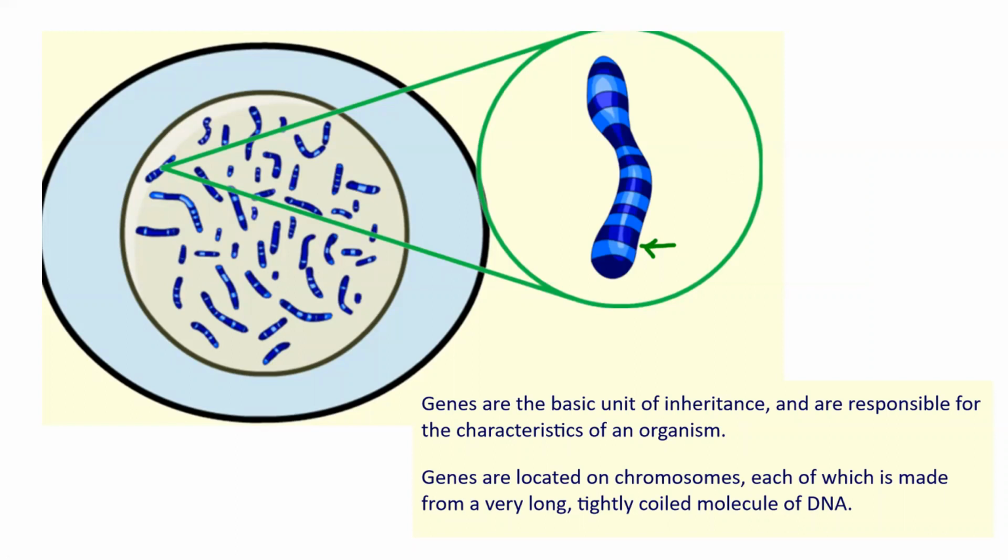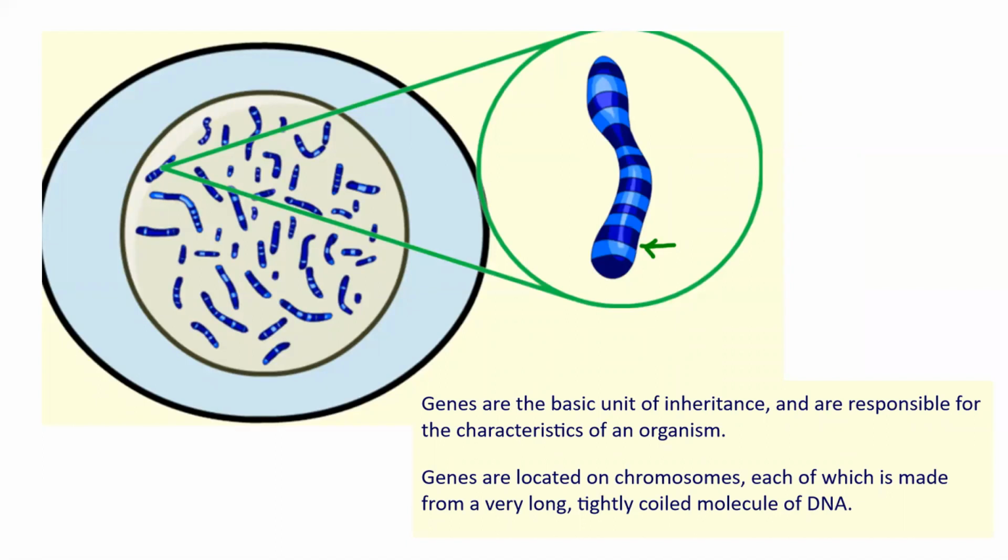So we might have one gene, the one that we can see the arrow there, that might control eye color. We might have another gene up here that might control our hair color. Another one might control our tongue rolling ability, whether we can or can't. Now, for discrete variation, characteristics like eye color, there is one gene controlling that characteristic.